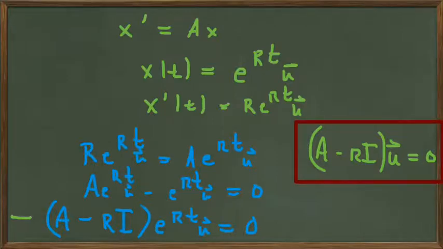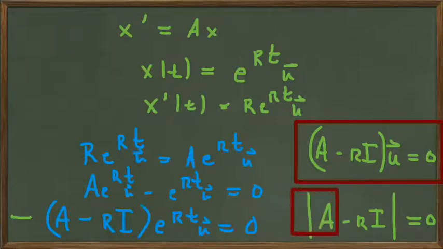So if we write that out, the determinant of A minus rI is written like the absolute value symbol. So what we need to do to solve this differential equation is take the determinant of A minus rI and set it equal to 0.